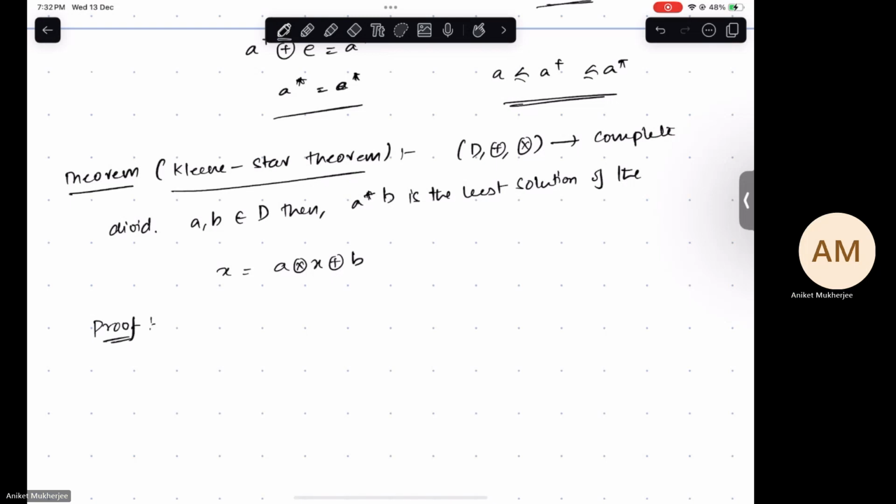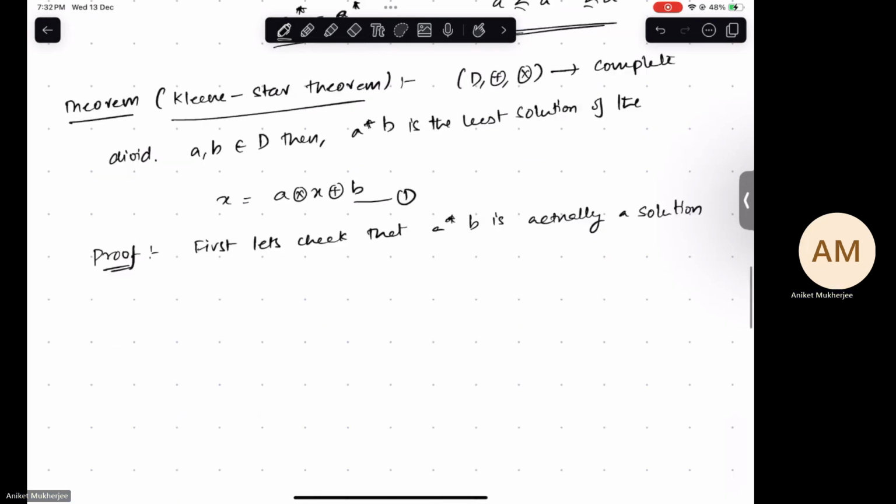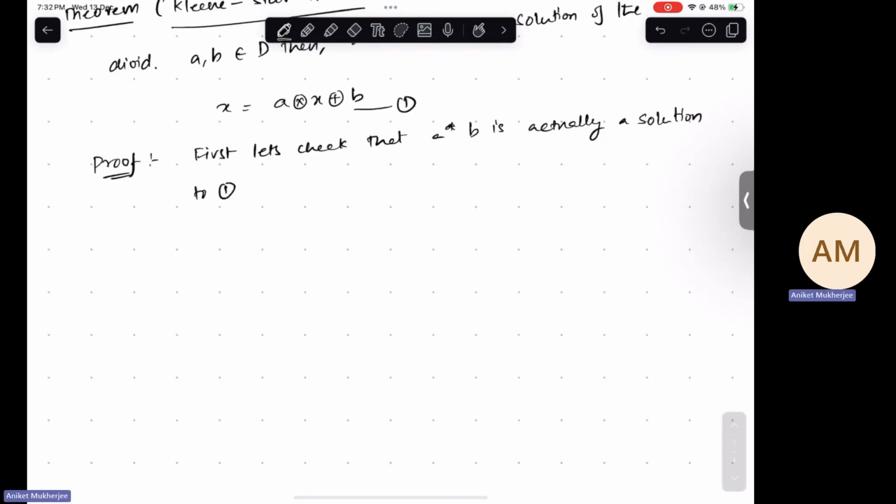Right. So proof. First, let's check that A star B is actually a solution or not. So if A star B is not a solution, then that can't be the least solution. Let's call this 1, right?